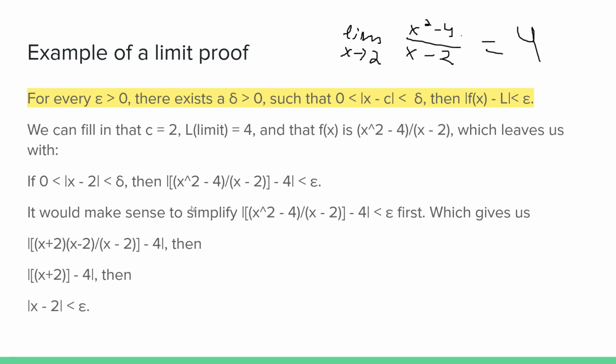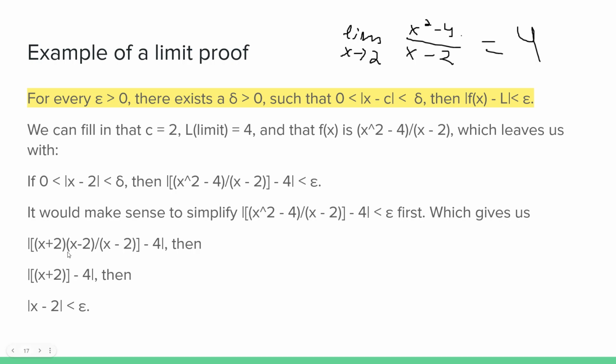It makes sense to simplify this starting with this, because we already have basically every value for it. As we do this, we can split apart this x squared minus 4, and we get x plus 2 times x minus 2 over x minus 2, all minus 4.